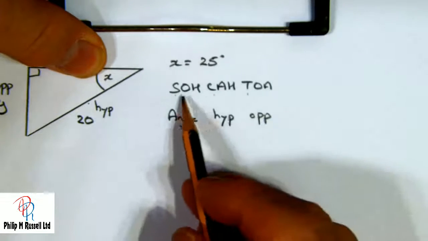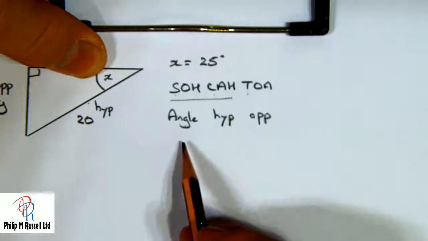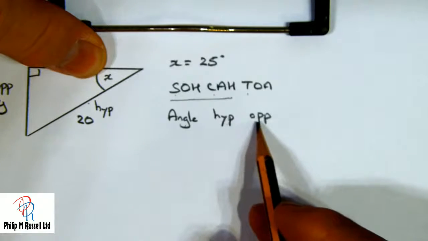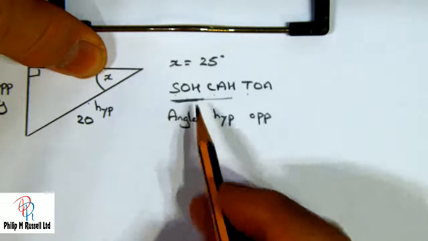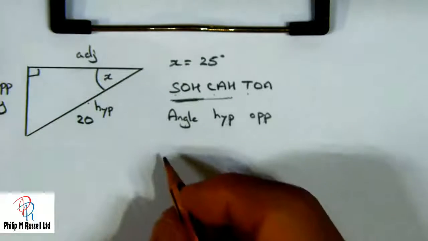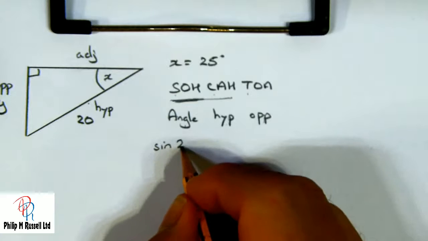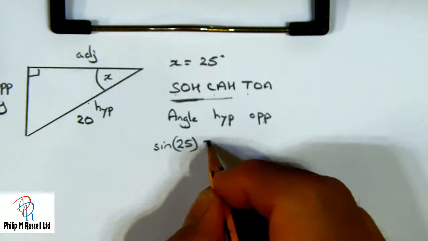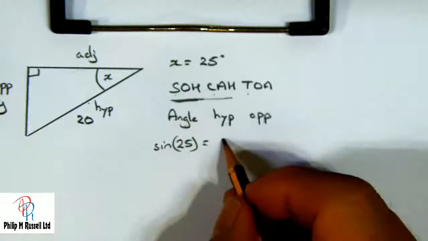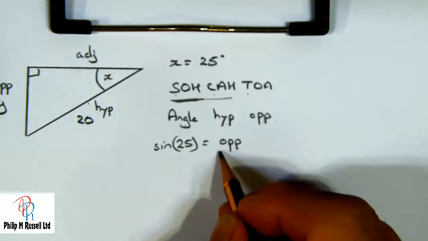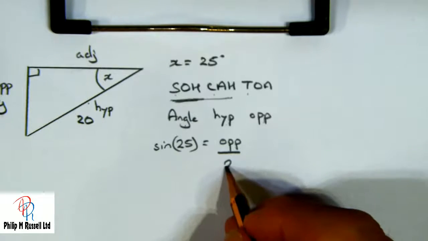Got the hypotenuse, it's only going to be one of those two. And I've got the opposite, so again this one's going to be sine. So we know that the sine of 25 is going to equal the opposite, what I want to try and calculate, over the hypotenuse, which is 20.